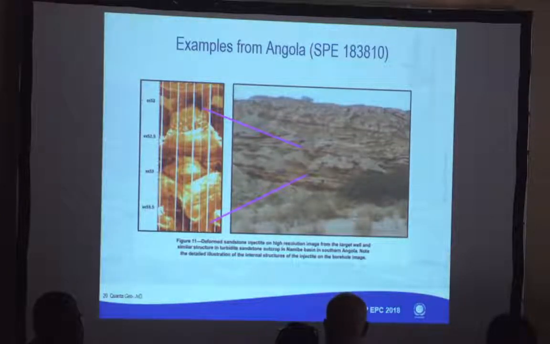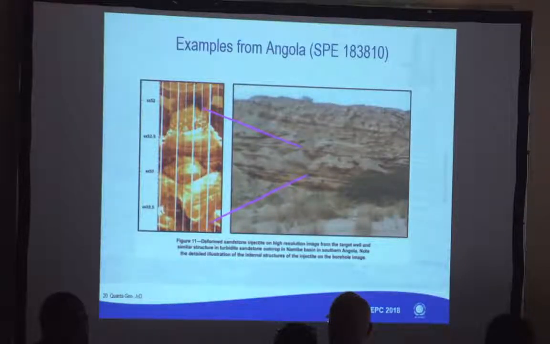It is not just something that could happen. It is very relevant in many parts of the world, including the North Sea, including West Africa, Senegal, Mauritania, Angola, where we see this a lot, because it is actually a way to create a connection between two parts of the reservoir. Because these injectites may actually create a conduit for hydrocarbons.